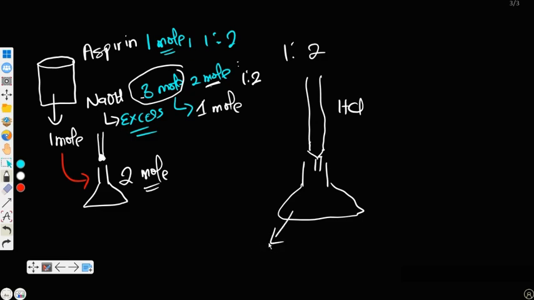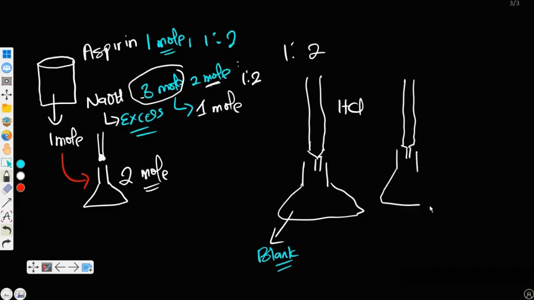Now, this one here is called the blank. The blank one, listen, is the sodium hydroxide that does not contain aspirin. Are you getting it now? The blank is the sodium hydroxide that does not contain what? Aspirin. Is that okay? Now, you are going to come here again and do the main titration.